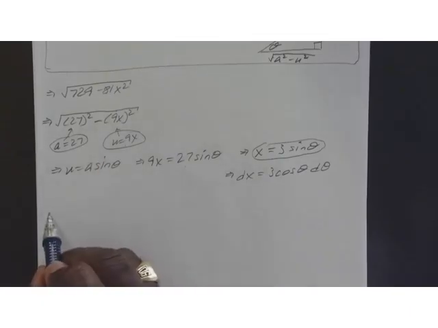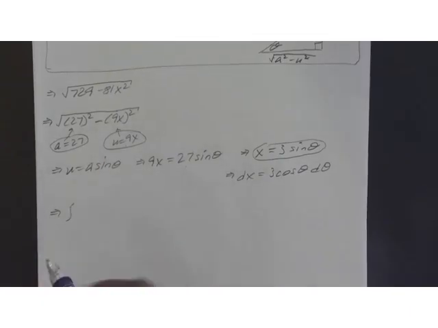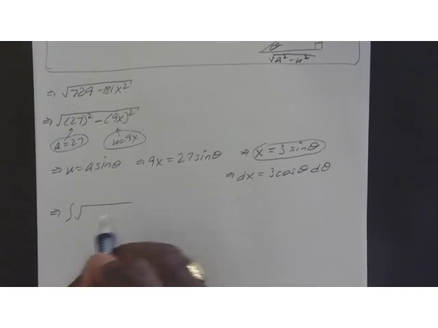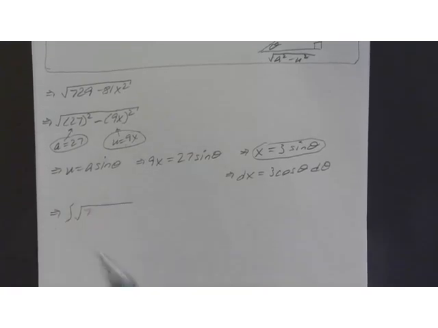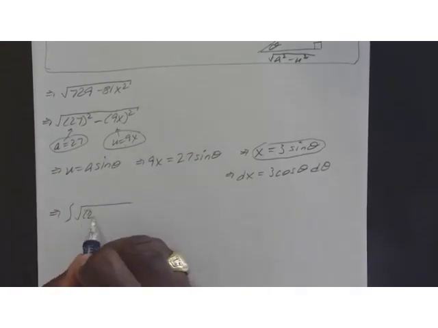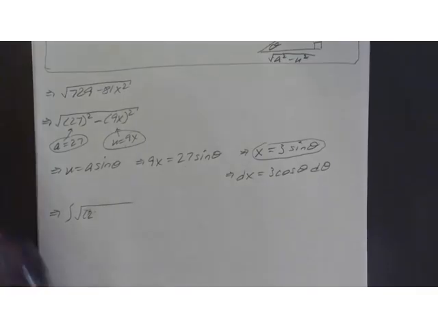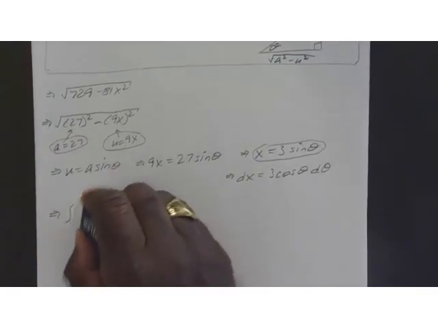Okay, so if we look at this as our integral of the square root of 729, we'll write it as 27 squared just to make it easier.